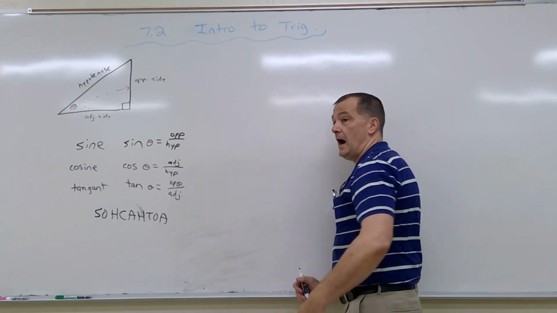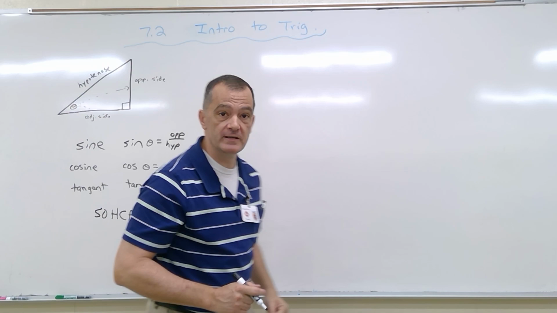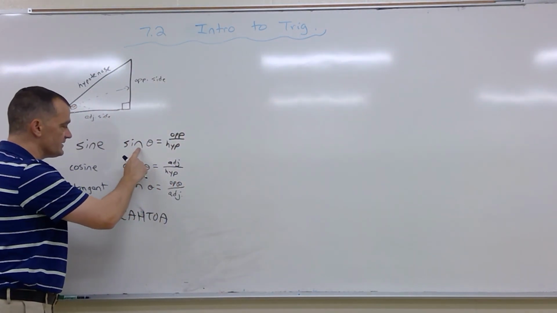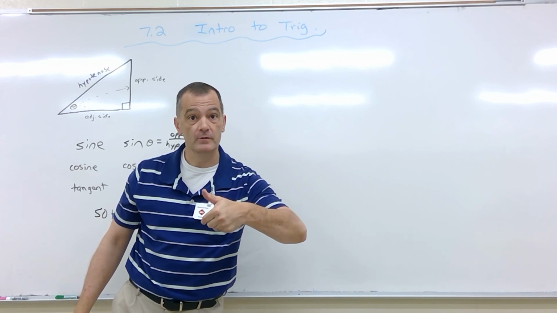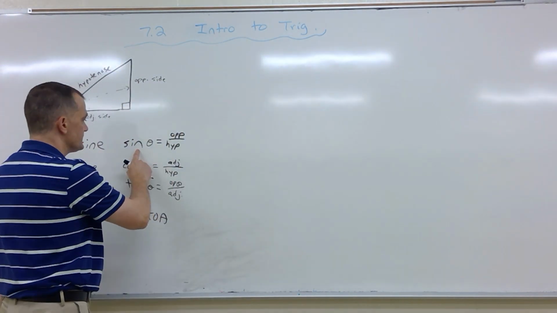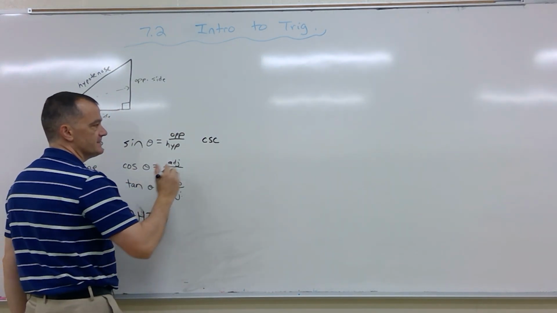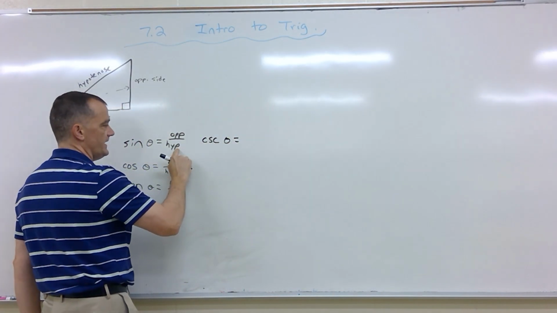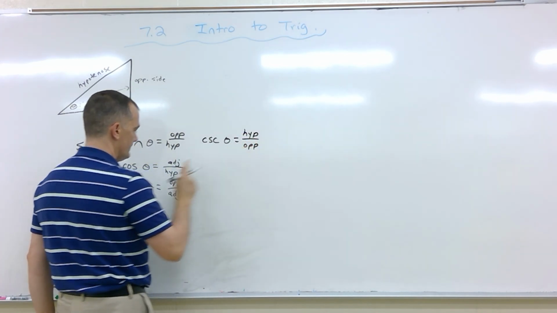Well, I want to talk about a few more relationships real quick, and that's what this video was intended to be about. So not only do we have sine, cosine, tangent, we have what's called the reciprocal ratios. Sine's reciprocal is cosecant, abbreviated CSC, and the cosecant of theta would simply be hypotenuse over opposite.